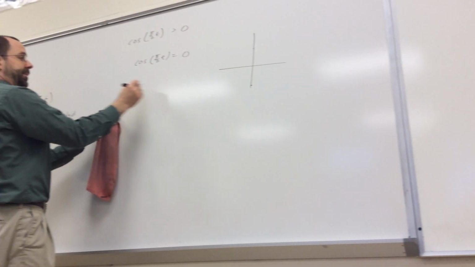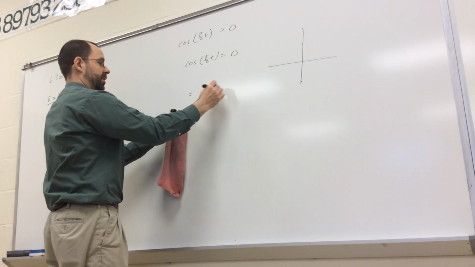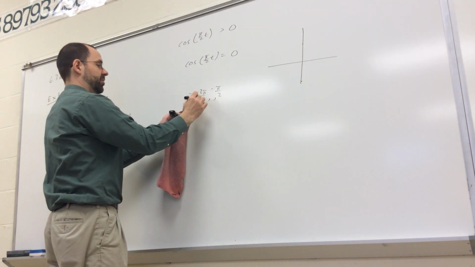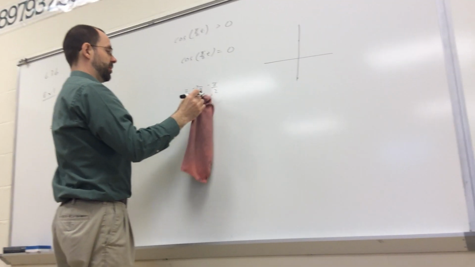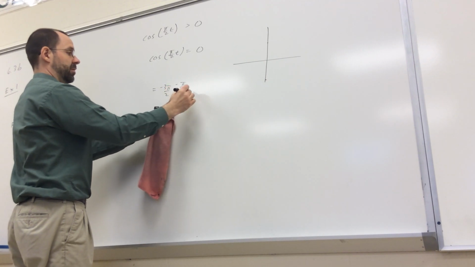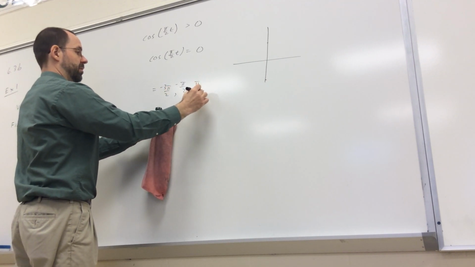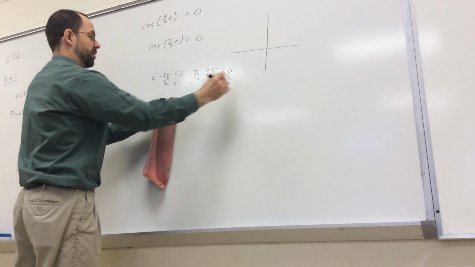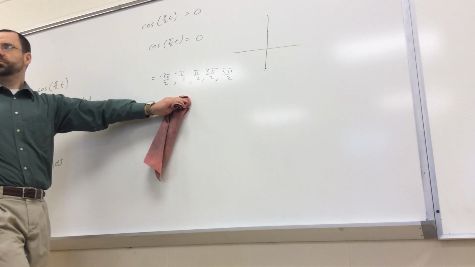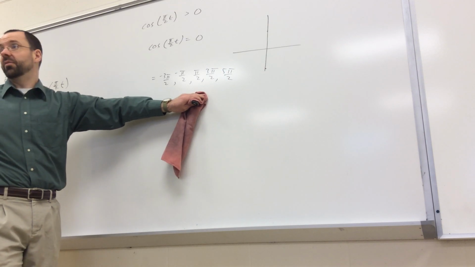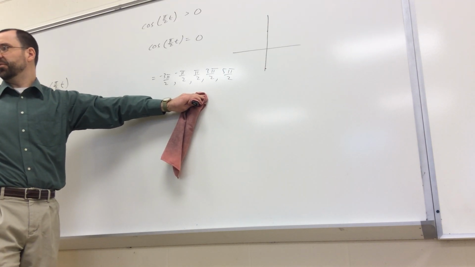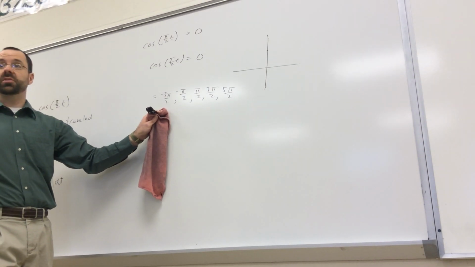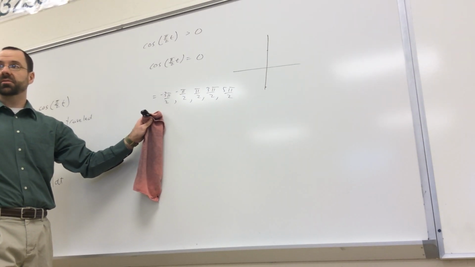Okay, so I always write down more than I think I need, just to be safe. And this could continue 7 pi over 2, et cetera, but I think I have enough there. And it could continue down negative 3 pi over 2, negative 5 pi over 2, et cetera, but I think I have enough.